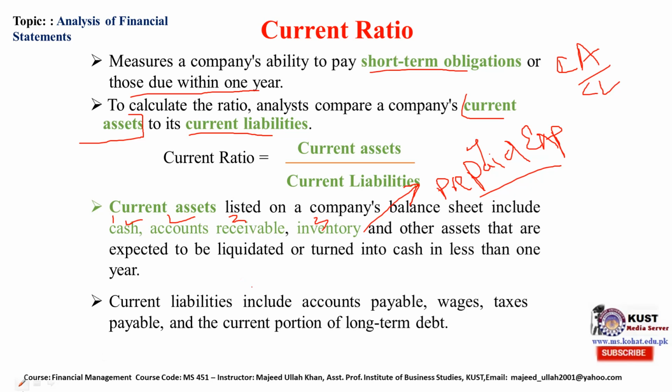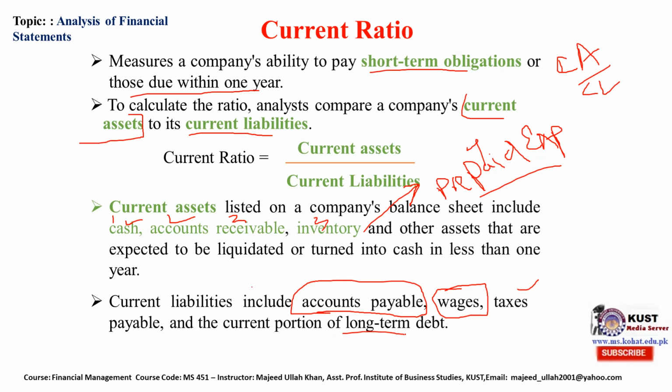What are current liabilities then? Current liabilities means accounts payable, which constitute a major portion, wages payable, all those wages which are not paid, tax payable, and the current portion of long-term debt.